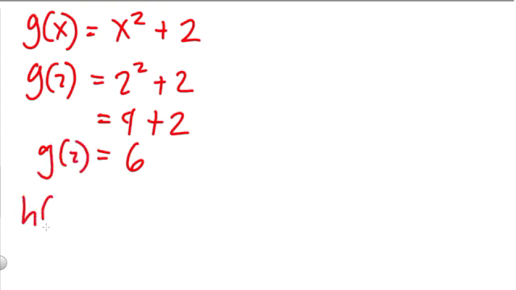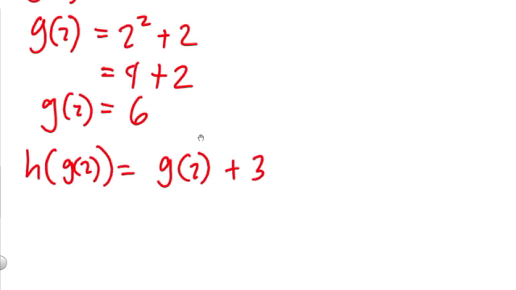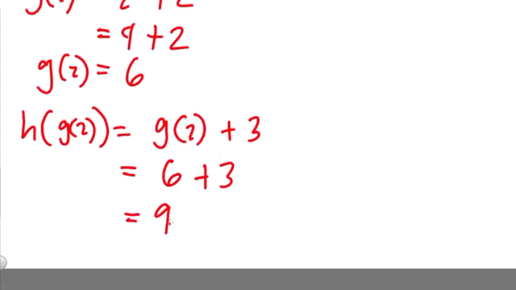Now, when we have h of g of 2, it means that in x plus 3, x would become g of 2, which is equal to 6. So it will become g of 2 plus 3, and g of 2 is equal to 6, and we have plus 3, and this is equal to 9.